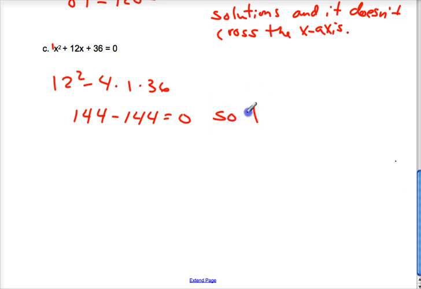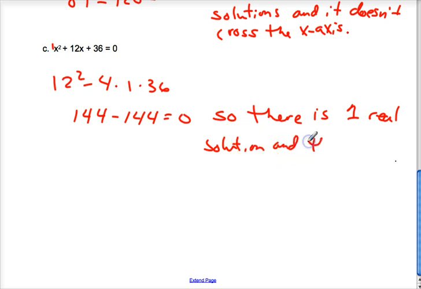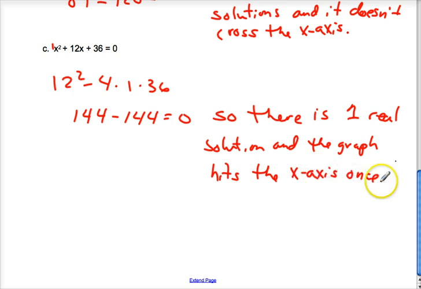When it's 0, there is 1 real solution. And the graph hits the x-axis once. That'd be at the vertex. So there's the basics of discriminant.